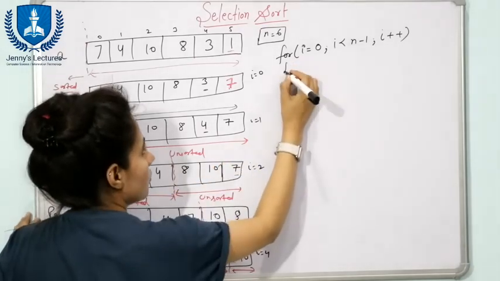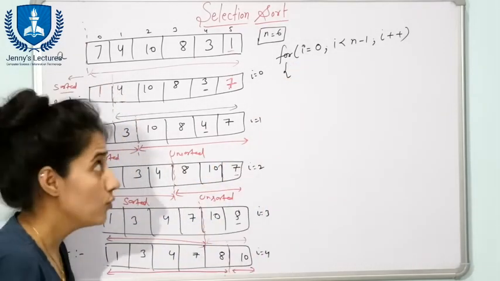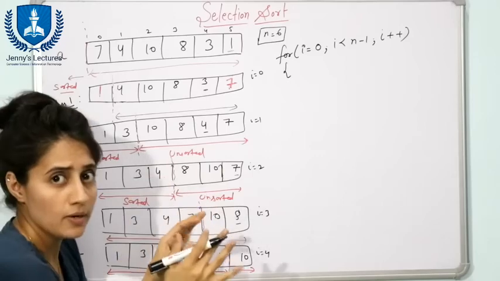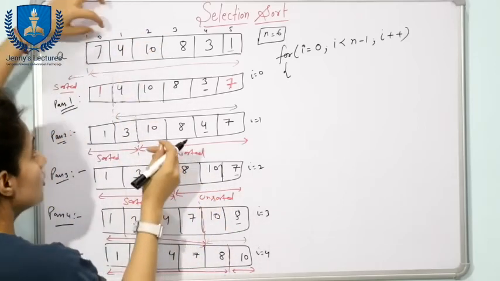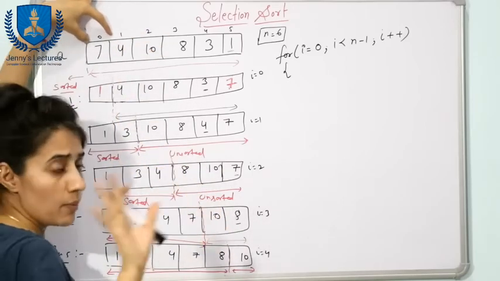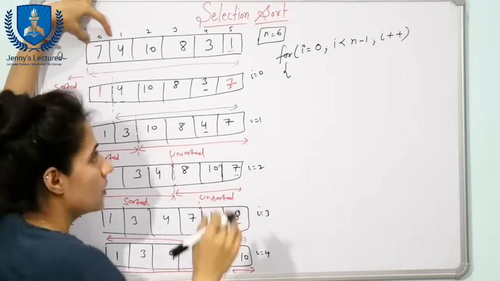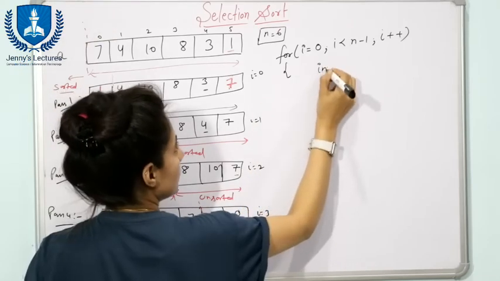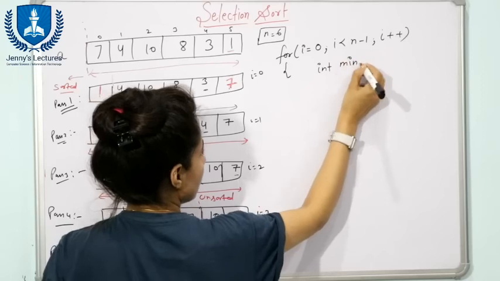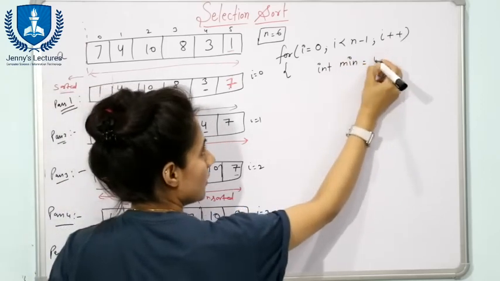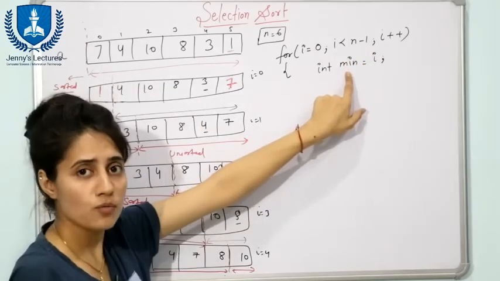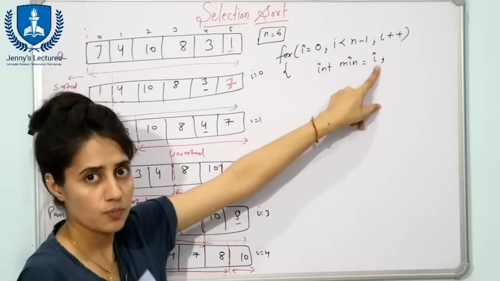Fine. Now see, next what will you do, how to find out a minimum element? First thing is, just consider the first element is the minimum element. Okay. Now see, we will take another variable min. We will initialize this min with the value of i. Okay.